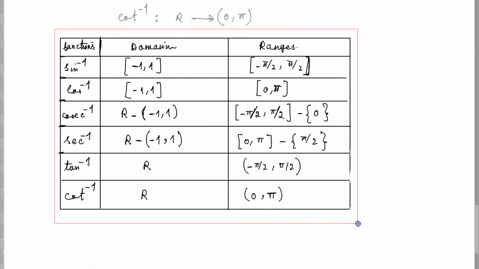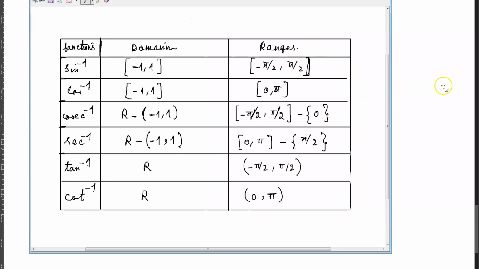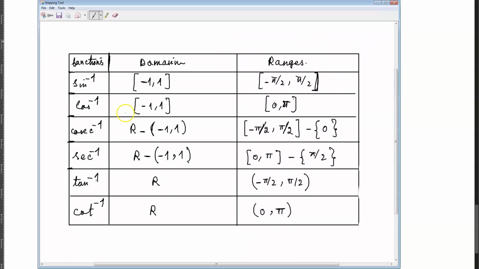Wherever you happen to be thinking about the domain and the range of these functions, you can, if you have to, derive that. Otherwise, you can use the same table that we have prepared here.